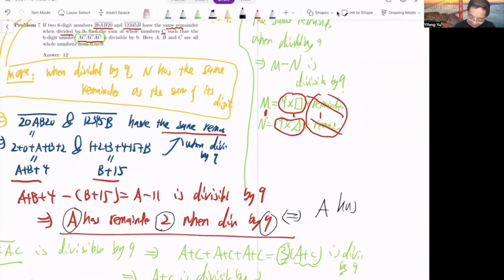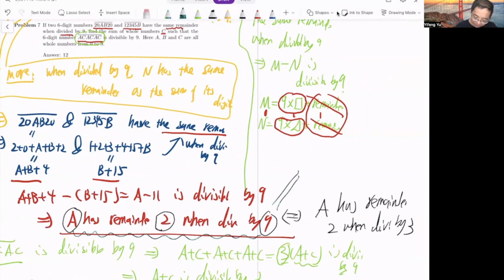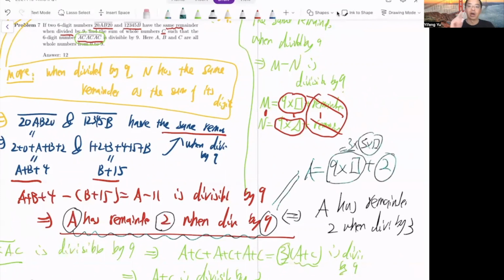Okay, so we get a has remainder 2 when divided by 3. Because you see, this one just tells us a equals 9 times a number plus the remainder 2. But this part, you see, is just 3 times something, right? So divided by 3, the remainder is also 2.